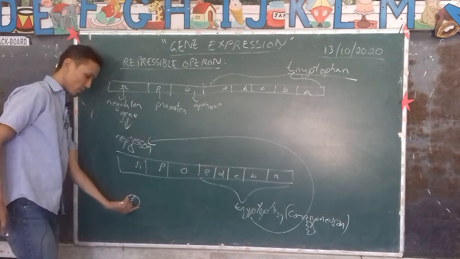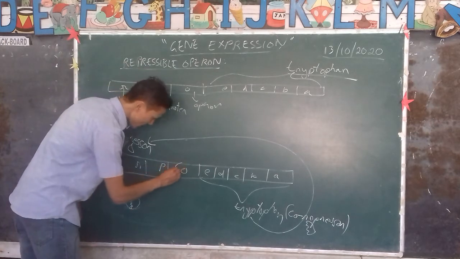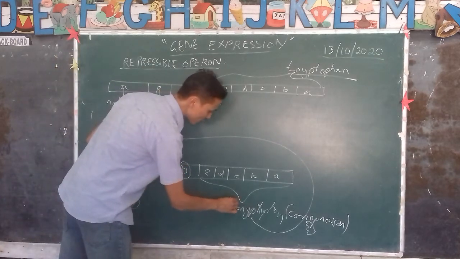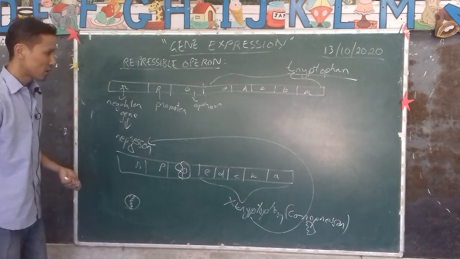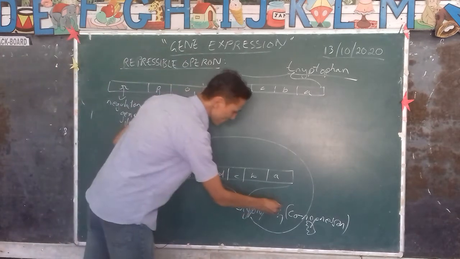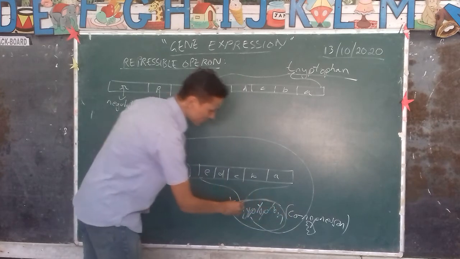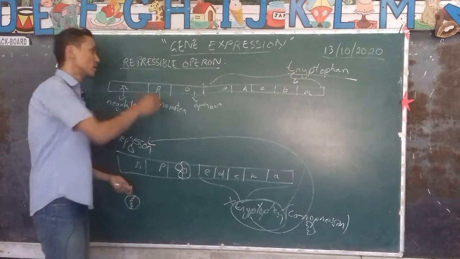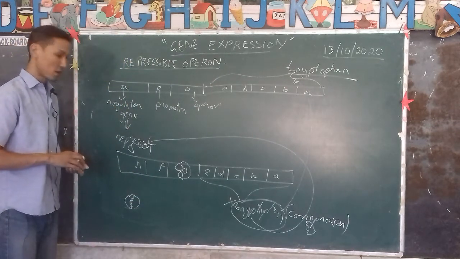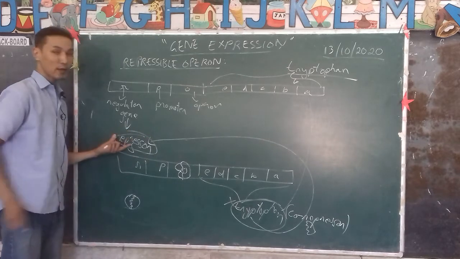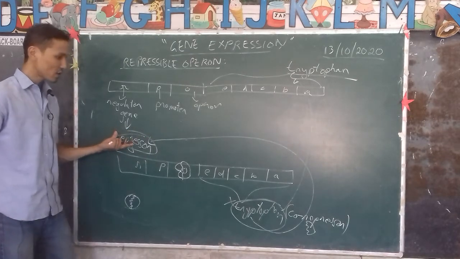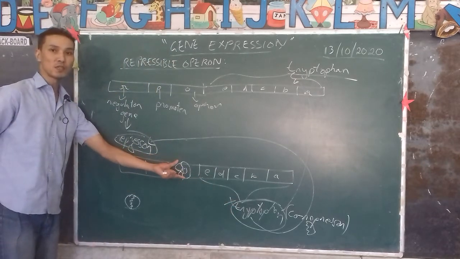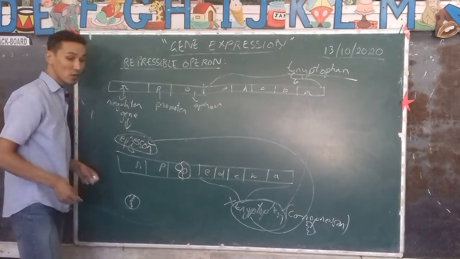These two form a repressor co-repressor complex which binds to the operon region, and the tryptophan is no longer produced. So that means the end product, tryptophan, is stopping its own production. This is an example of a repressible operon. The repressor alone cannot stop the system, but it complexes with the end product, that is your tryptophan, and hence stops the production of tryptophan. So this is an example of a repressible operon.